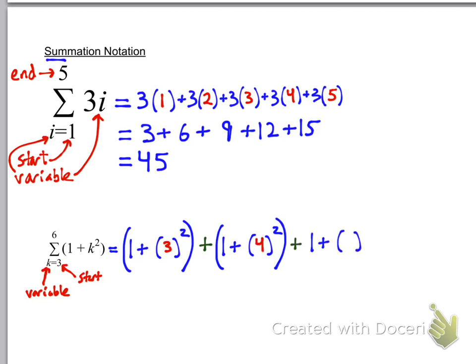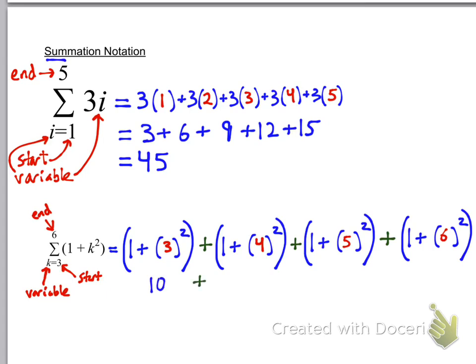And then do it again and again, all the way up to 6, because that is the end. That is how you sum 1 plus k squared from 3 to 6. So when you add all these up, you get 10 plus 17 plus 26 plus 37. And I believe when you add all that, you should get 90.